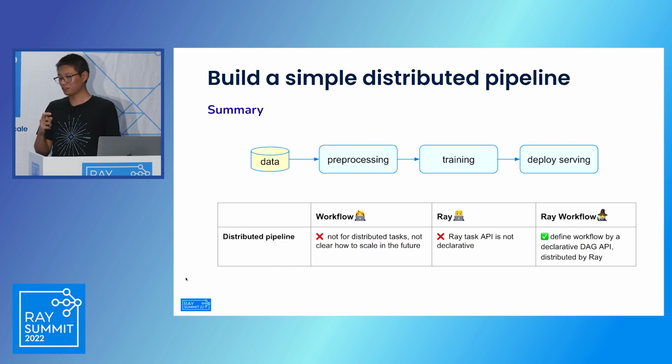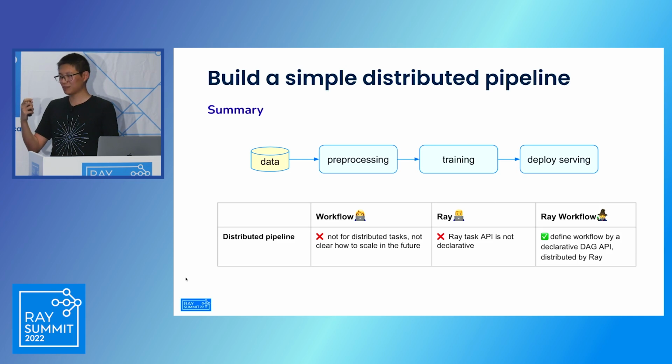So in summary for this simple initial task, when you use a workflow system to implement this distributed task, I have some difficulties, because workflow is not designed for distributed tasks, and it's also not clear how to scale that pipeline in the future. And if you just build the distributed pipeline with Ray, yes, you are scalable and efficient and it's easy to build.